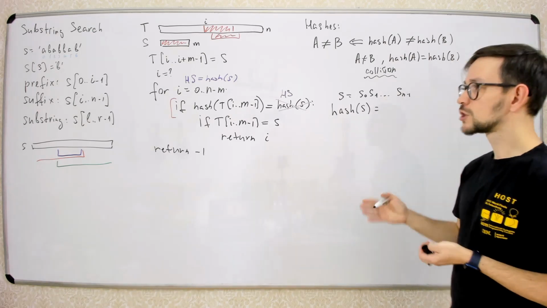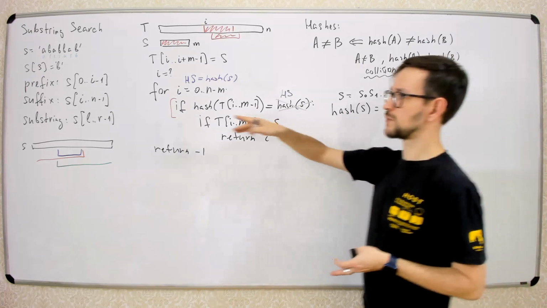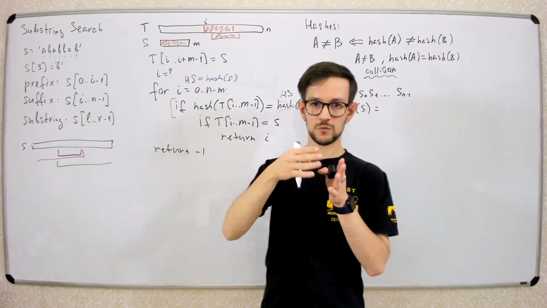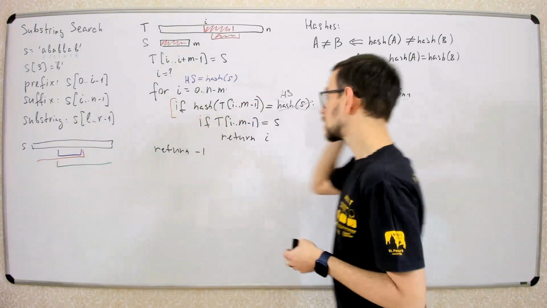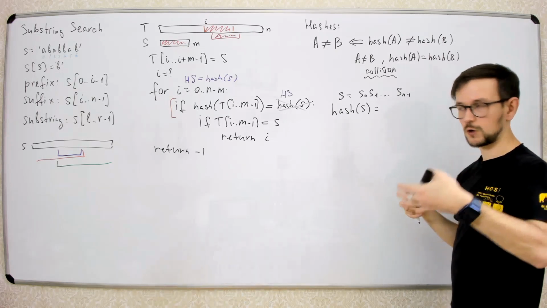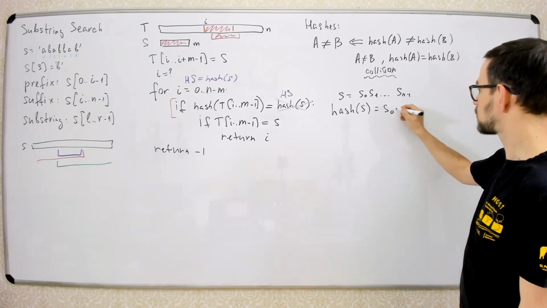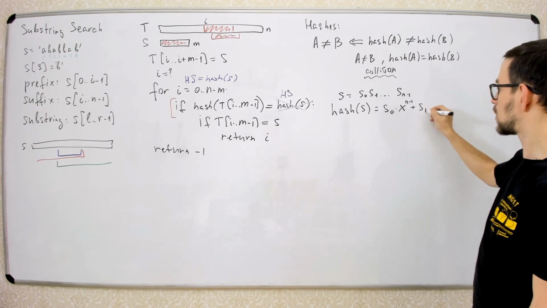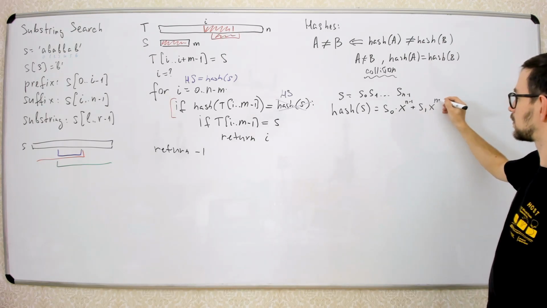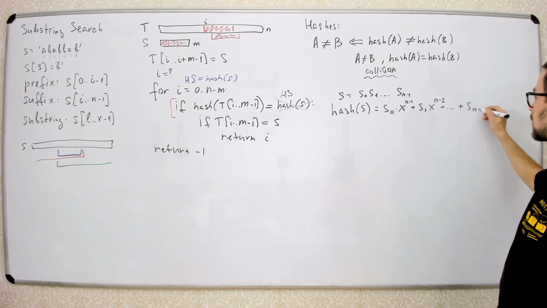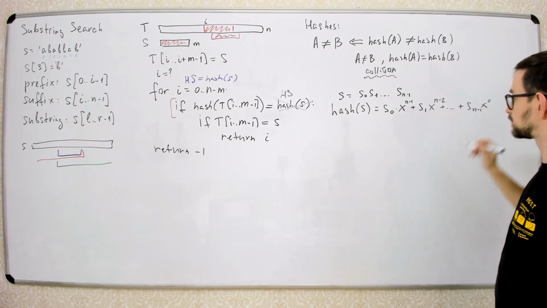Usually you have some fixed number of possible letters in your string, so you just enumerate these letters from 0 to something. You use these characters as coefficients of your polynomial. So you have S0 multiplied by x power n minus 1, plus S1 multiplied by x power n minus 2, and so on, plus Sn minus 1 times x power 0.